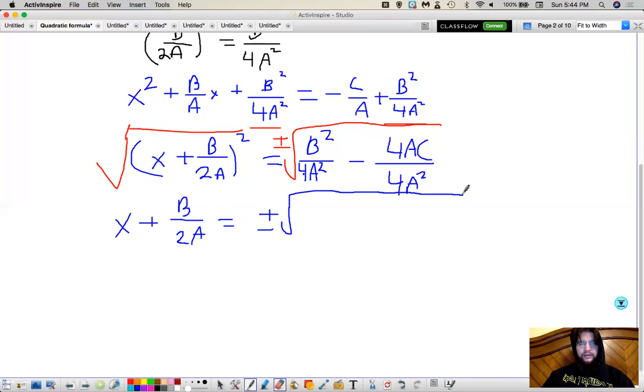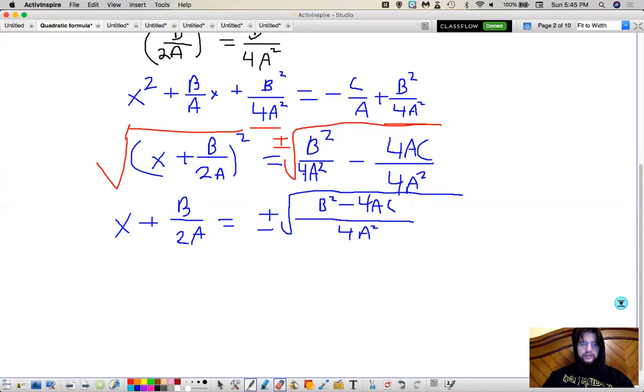Now let's see what happens if I put these together. That's going to be b squared minus 4ac over 4a squared. Remember, you can separate the numerator and denominator whenever you're taking a square root. So I can call it the square root of the numerator over the square root of the denominator, and that's exactly what I'm going to do.